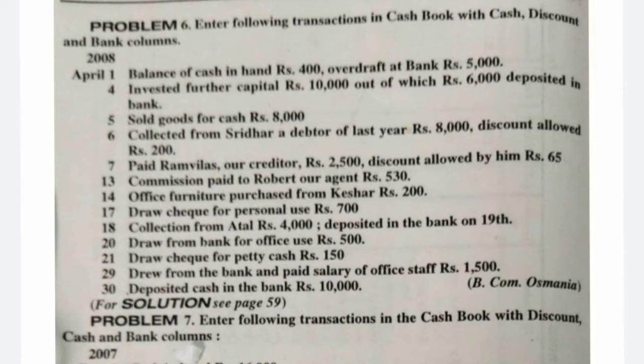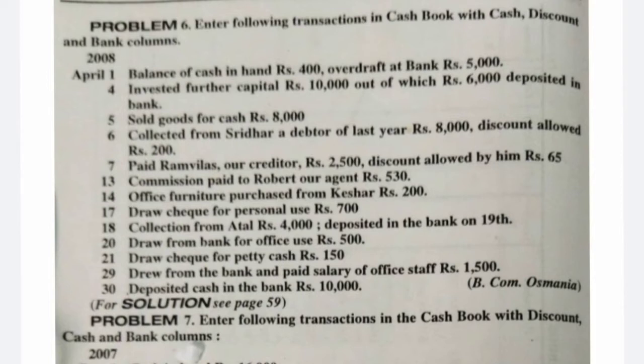Okay, the entry would be cash account debit, since cash is coming in, cash account debit, discount allowed account debit 200 to Sridhar account, credit the giver, Sridhar account 8,200. So cash is on the debit side. On the debit side of the cash book you need to record to Sridhar account in the cash column 8,000 and in the discount column 200.